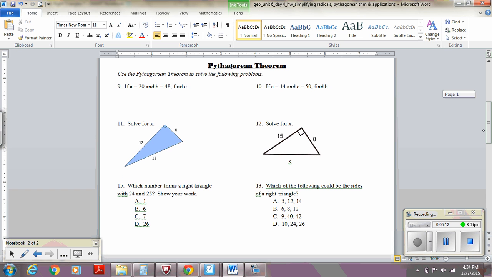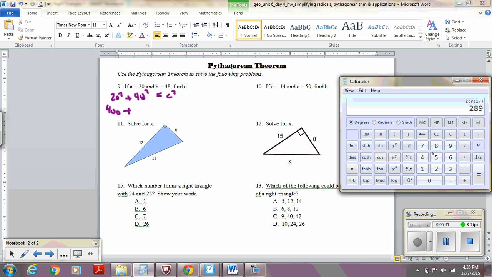Now we're going to practice a little more with the Pythagorean theorem. On the first one, it says A is 20 and B is 48. Find C. So that's 20 squared plus 48 squared equals C squared. 20 squared is 400. 48 squared is 2304.